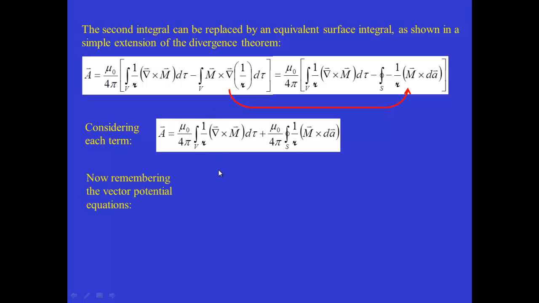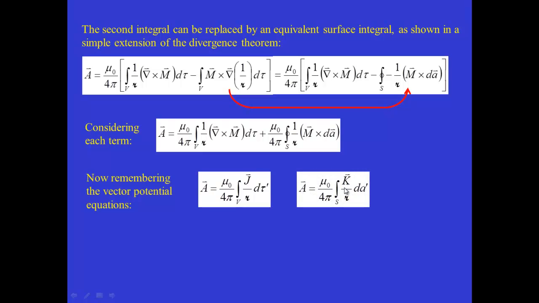Where we've seen this before was in the expressions for the vector potential resulting from two different kinds of current densities. The first one being a volume current density, such as you might have in a thick wire, and the second one being a surface current density that you might have on a conducting sheet.